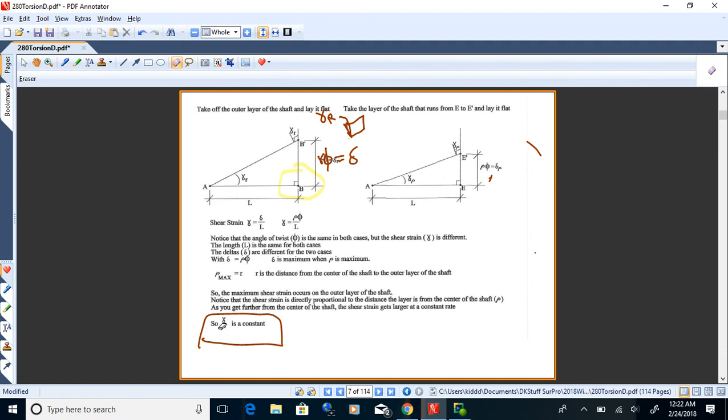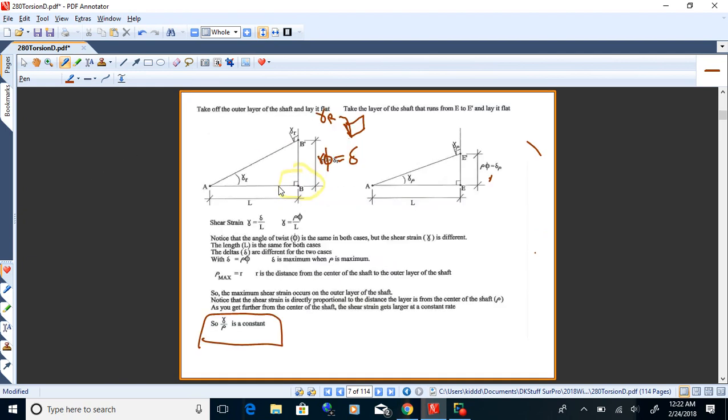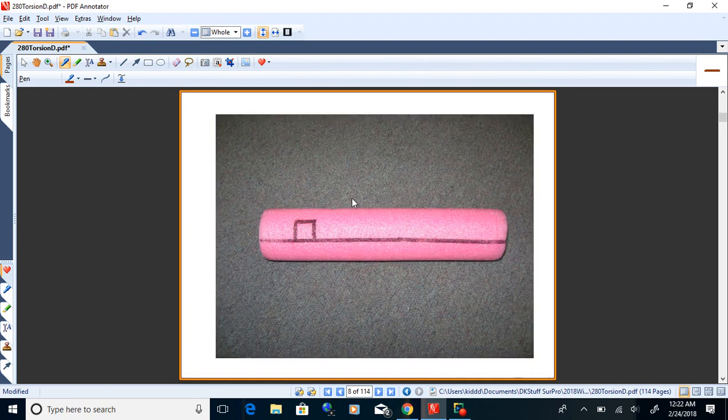So the shear strain gamma over rho is a constant. For a given twist angle theta, we have different shear strains that increase as we get further and further out from the center of the shaft. As we go that way, those shear strains get bigger. So the maximum shear strain occurs on the very edge of the shaft.